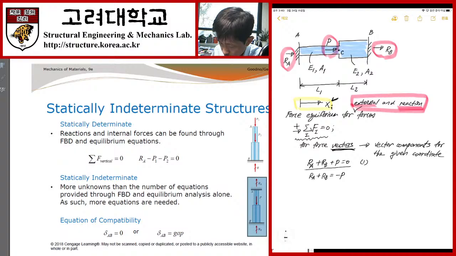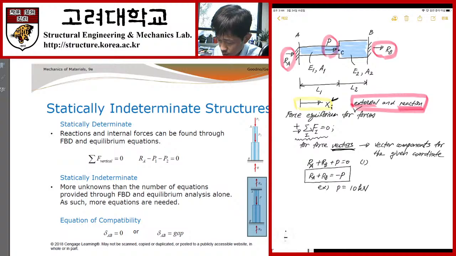So usually the applied external force P is given by a number, isn't it? So as long as RA plus RB is equal to minus P, then any set of RA and RB would satisfy the force equilibrium condition. For instance, let's consider P is equal to, say, 10 kilonewton.